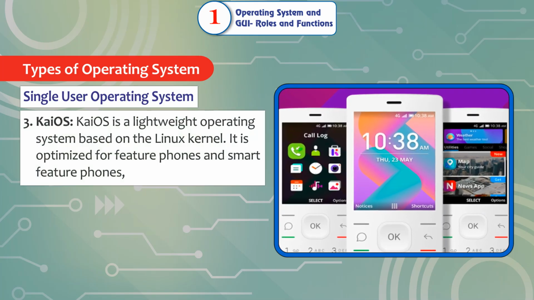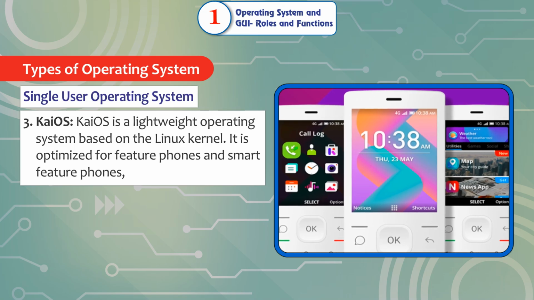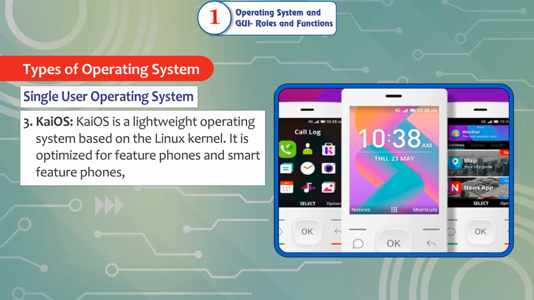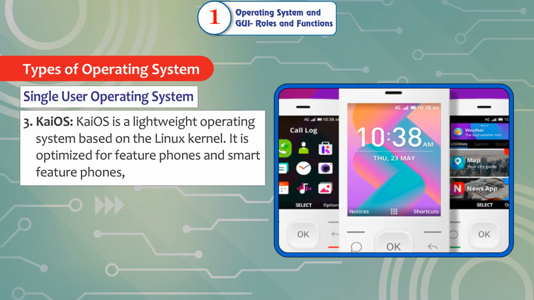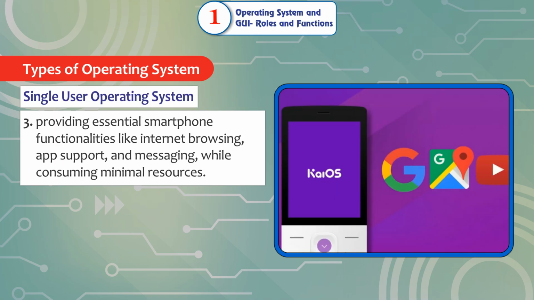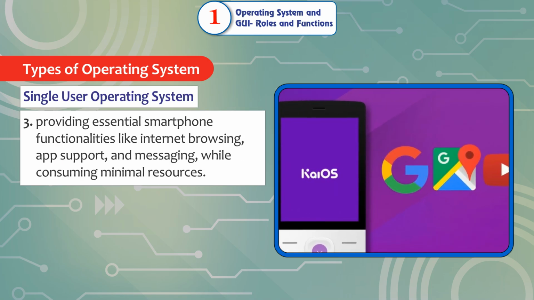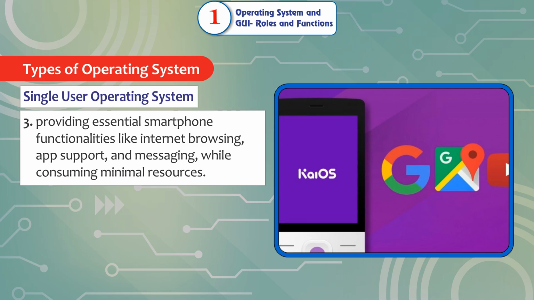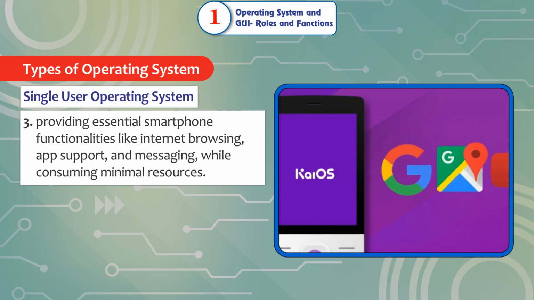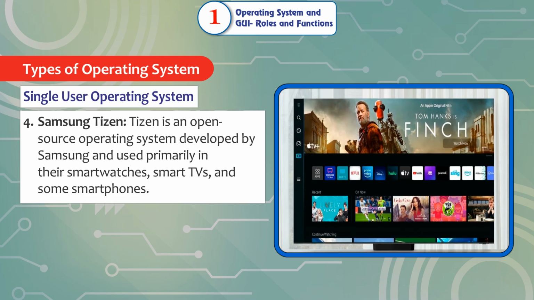KaiOS. KaiOS is a lightweight operating system based on the Linux kernel. It is optimized for feature phones and smart feature phones, providing essential smartphone functionalities like internet browsing, app support, and messaging while consuming minimal resources.